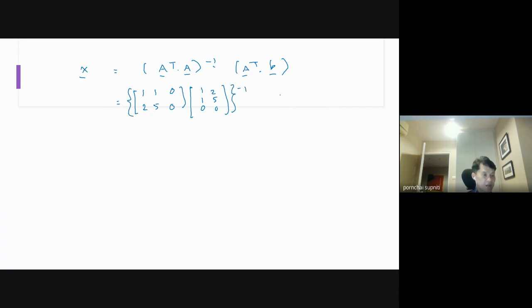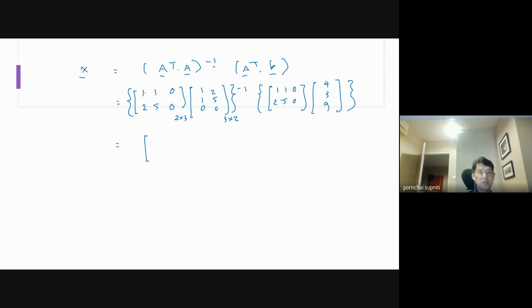And then for A transpose multiply with B, we have 1, 1, 0, 2, 5, 0, multiply with B, which is 4, 3, 9. So what do we have here? This is 2 by 3, this is 3 by 2, right? So when you multiply, you get 2 by 2.